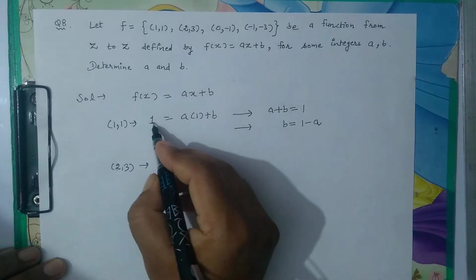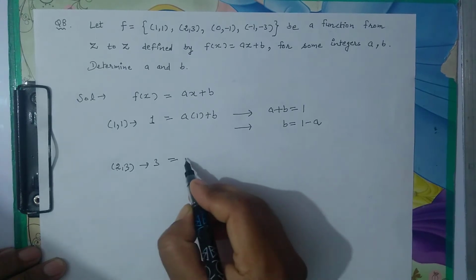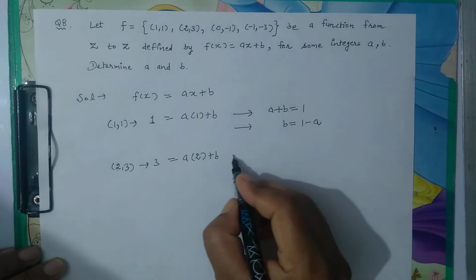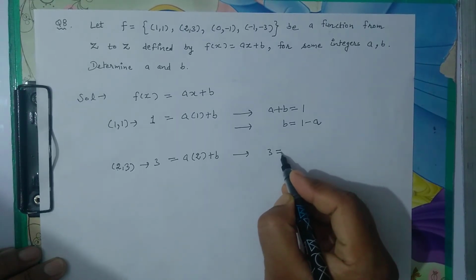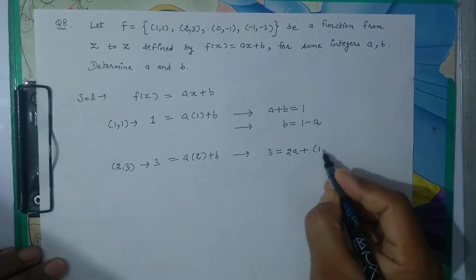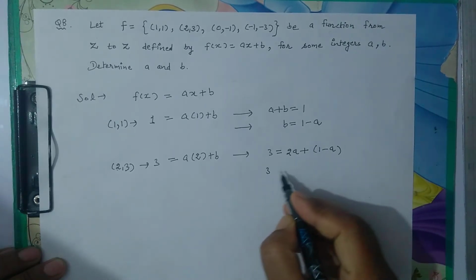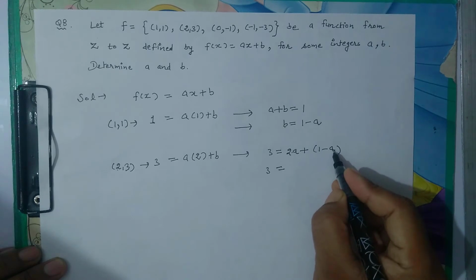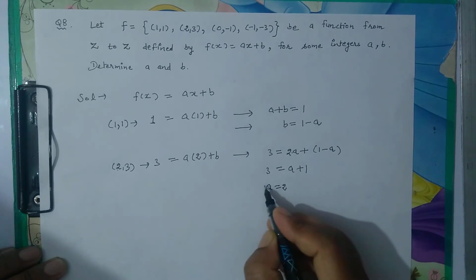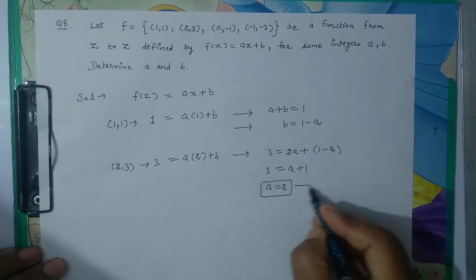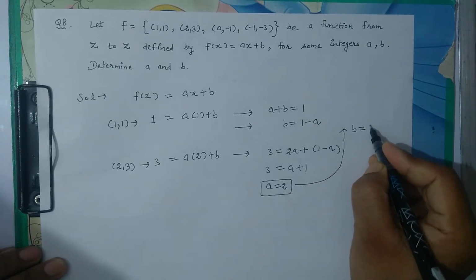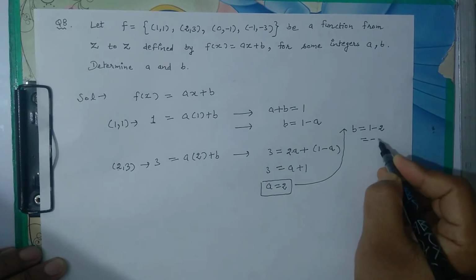So here this is 3 equal to a into 2 plus b. So what we can say here, 3 is equal to 2a plus b, but b is equal to 1 minus a. So what we say, 3 is equal to 2a minus a plus 1. So a is equal to 2 is the result. This value goes here. We can say b is equal to 1 minus 2, that is equal to minus 1.